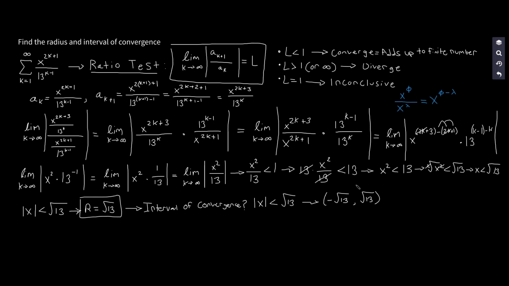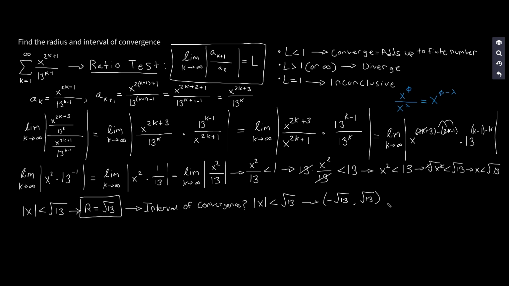Between these two, all of the values that are put into the series will result in the series converging. But we need to know about the endpoints. So do the endpoints also cause the series to converge? Is it an open interval or is it a closed interval? So we need to check the endpoints to see if they should be included within the interval of convergence.